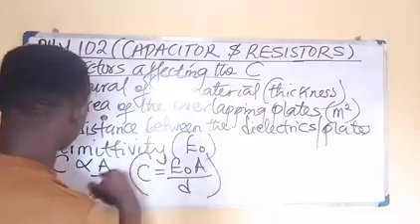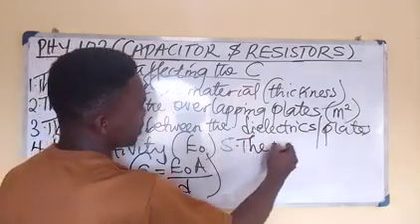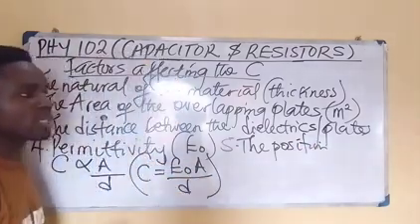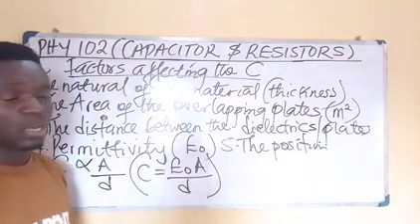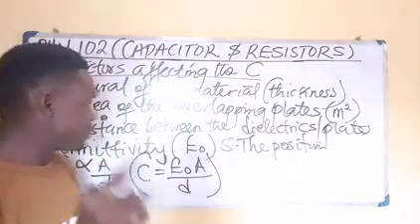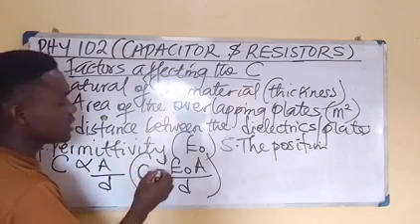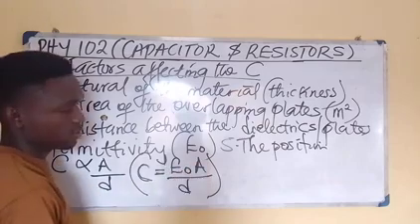Number five, the position of the material or plate. It means that when the plates are separated, the capacitance of the capacitor decreases. So please take note that the capacitance is equal to epsilon naught times area over d, which is the distance.